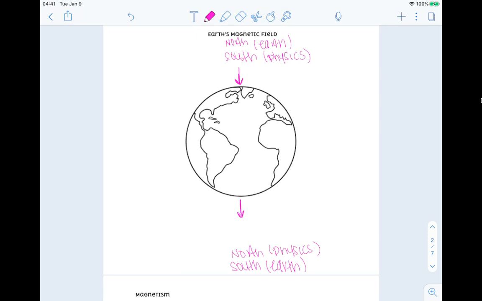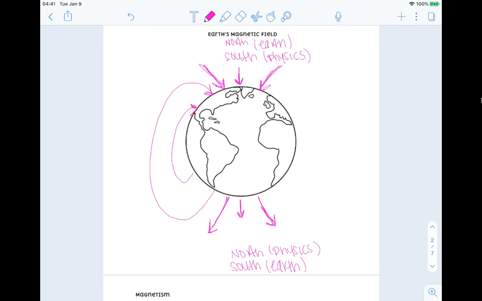So when we talk about the magnetic field lines around Earth, we do it the same way as we have before. So we have your field lines going out from the North Pole into the South Pole. But again, we know that these field lines are going out from the north into the south.